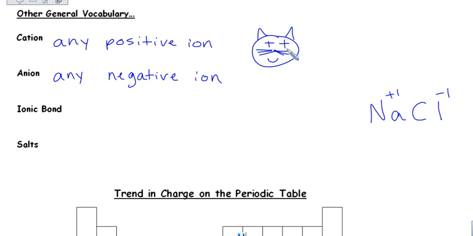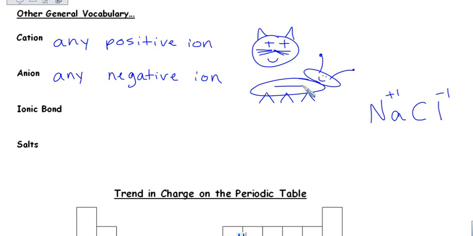The negative one's a little bit of a stretch. I think of an ant. I think they have like, what, 6 legs? So here's my anion. It's a happy bug. There. Long negative body. That's how I remember them. The cation is positive. The anion is negative.